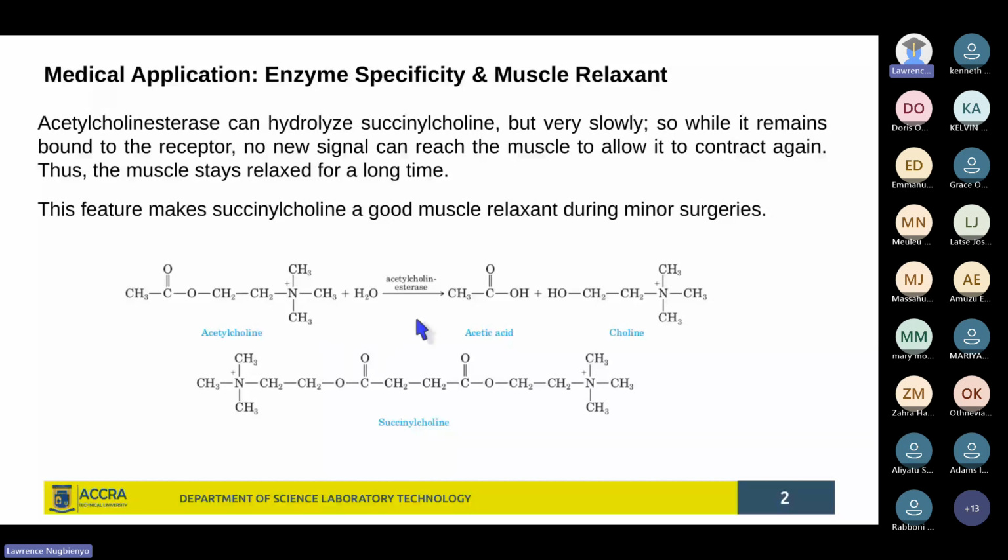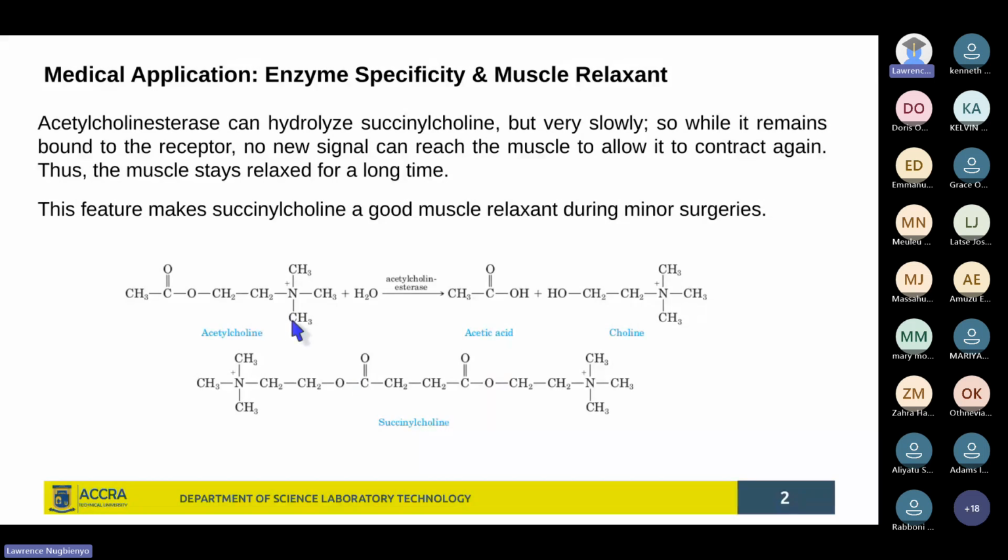Now, we have a compound which is succinylcholine, which you can look at as a dimer of acetylcholine, because if you look at the structure of acetylcholine and then the structure of succinylcholine, you will see that succinylcholine is a combination of two molecules of acetylcholine.